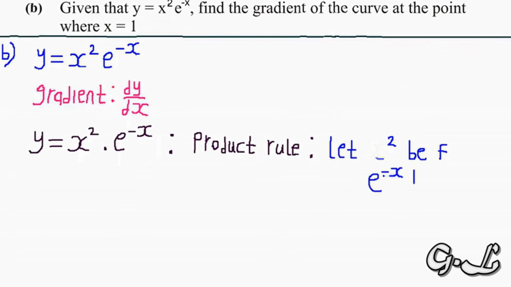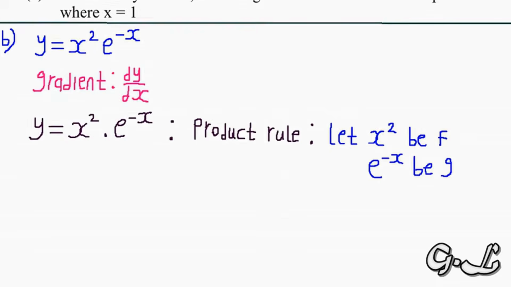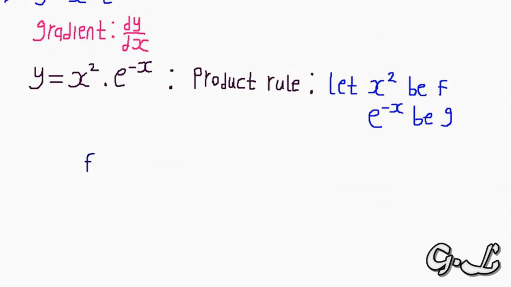And then we're going to say let e to the negative x be g. And then after you say this, what is the next thing that you should consider? You need to consider the product rule, which is going to be like f prime g plus g prime f, like that.